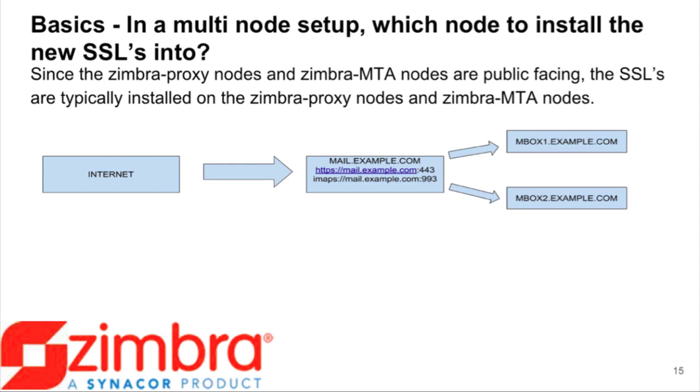This is the internet making requests for secure HTTPS. Where it shows mail.example.com, that's the proxy or MTA, or if it's the same node, it's the proxy and MTA. From there, the requests are routed to the end user's mailbox.